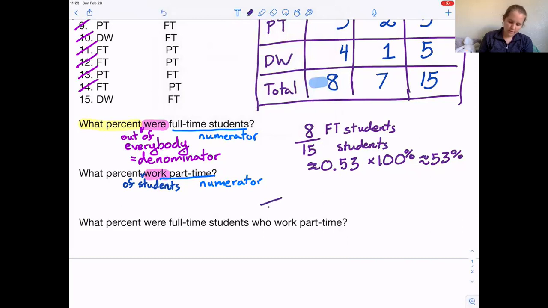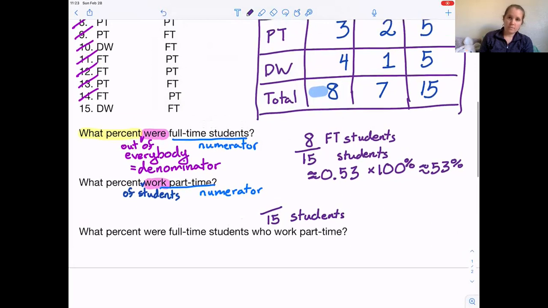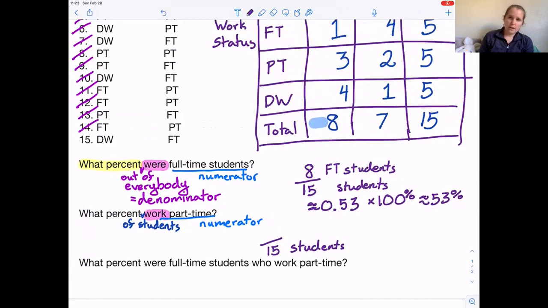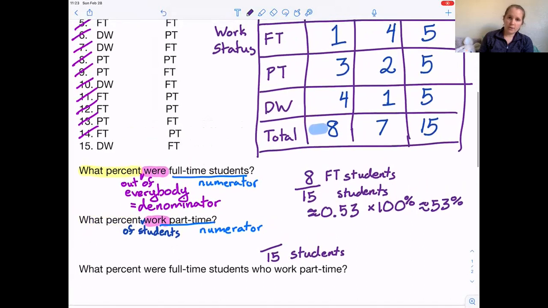So out of the 15 students, we had 5 that worked part-time.